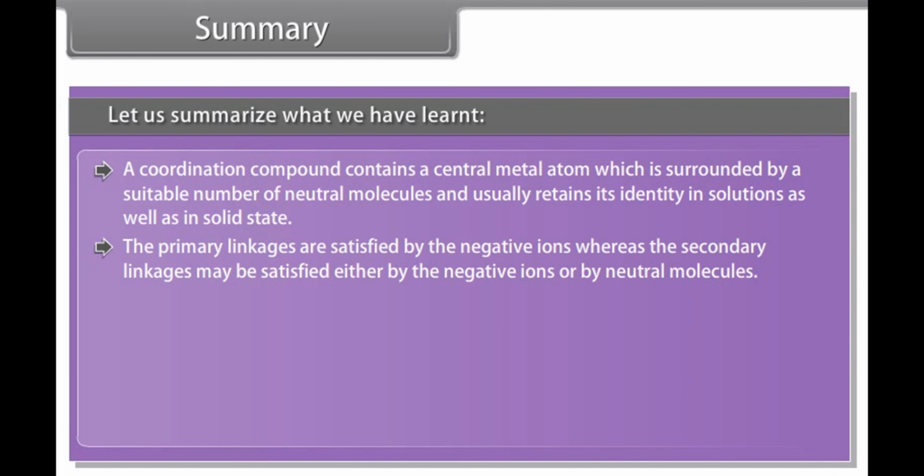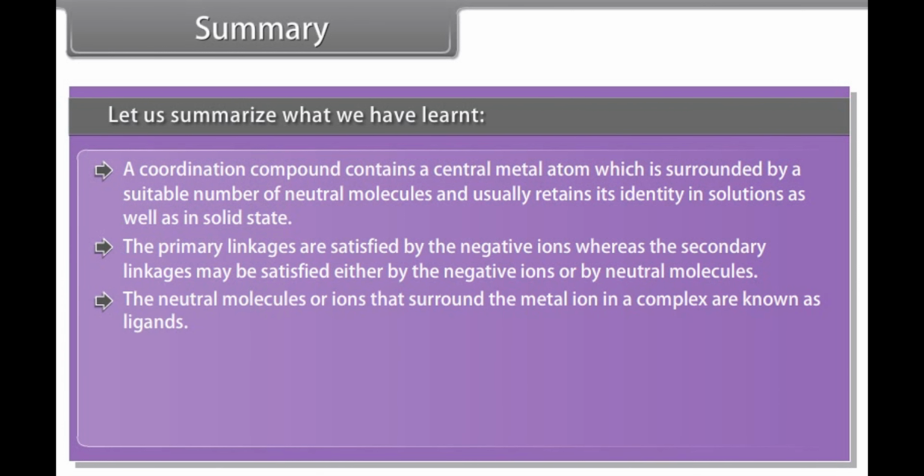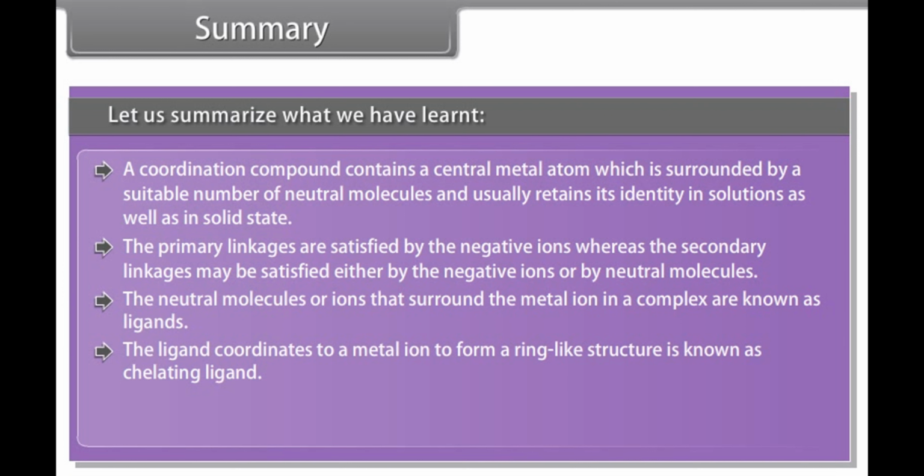The primary linkages are satisfied by the negative ions, whereas the secondary linkages may be satisfied either by the negative ions or by neutral molecules. The neutral molecules or ions that surround the metal ion in a complex are known as ligands. A ligand that coordinates to a metal ion to form a ring-like structure is known as a chelating ligand.